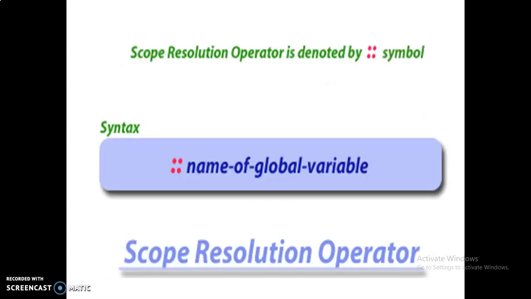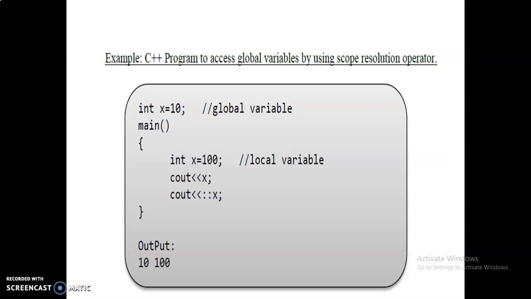So this is the syntax for the scope resolution operator, that is denoted by the two colons and then the name of the global variable. Here in this example, you can clearly see how the global variable is accessed using the scope resolution operator. Here the variable x is declared as integer type and the value of x is 10. This is the global variable because it is declared before the main function.